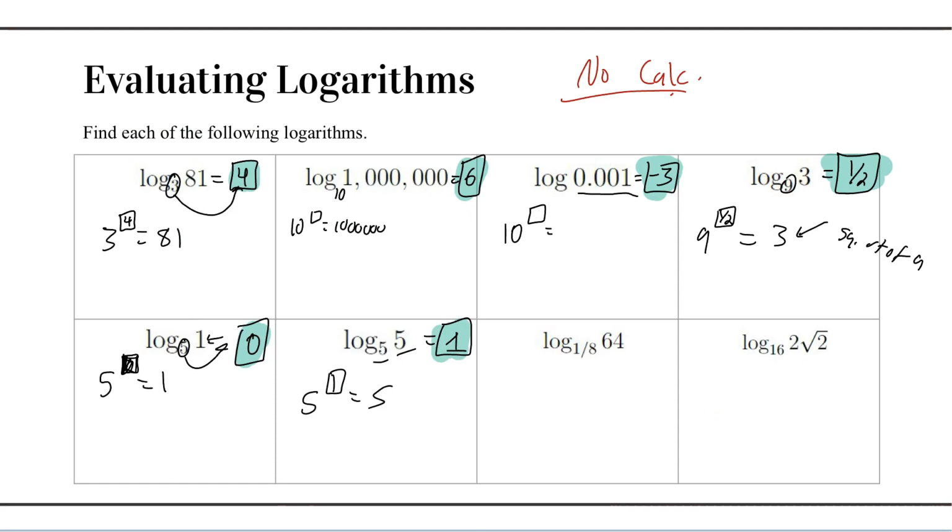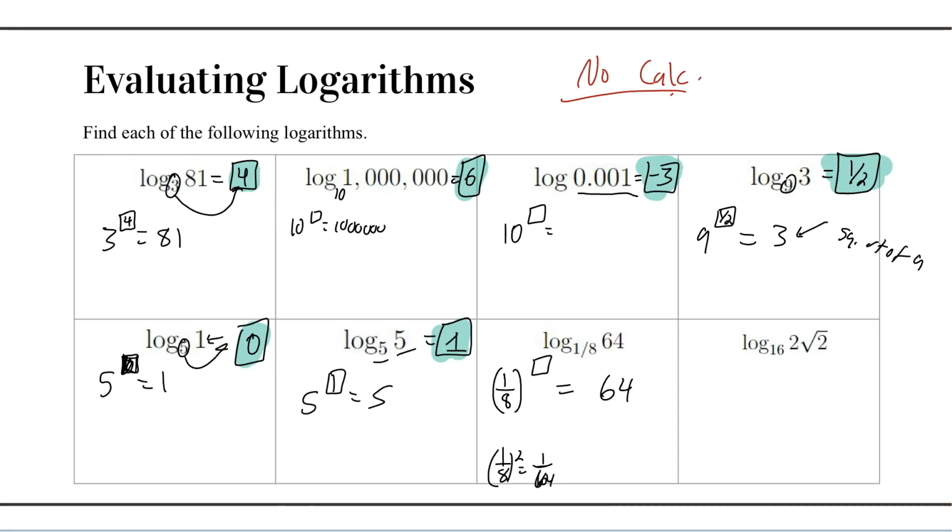The next couple actually require just a little bit more steps of thinking, but they're not crazy. So the next one, you do have a base of 1/8, and you want to raise 1/8 to a certain power to be able to equal 64, right? So if you did 1/8 squared, you know you'd get 1 over 64, right? But we want to make sure it equals 64.